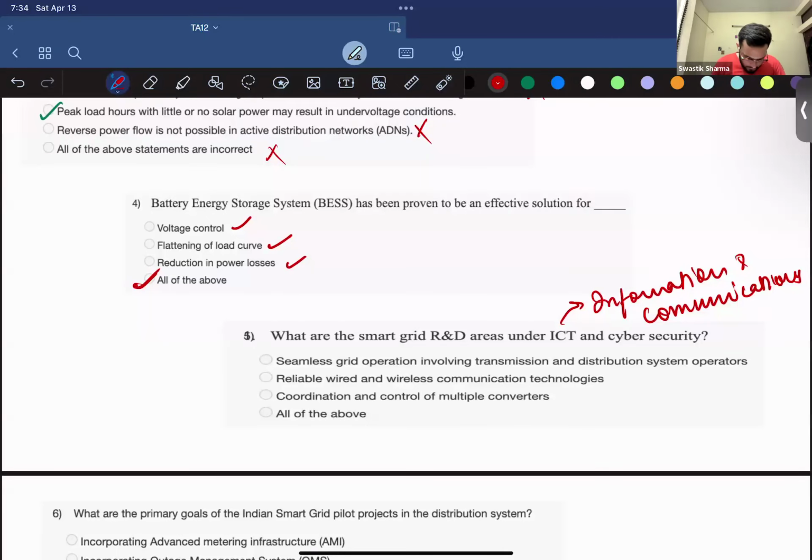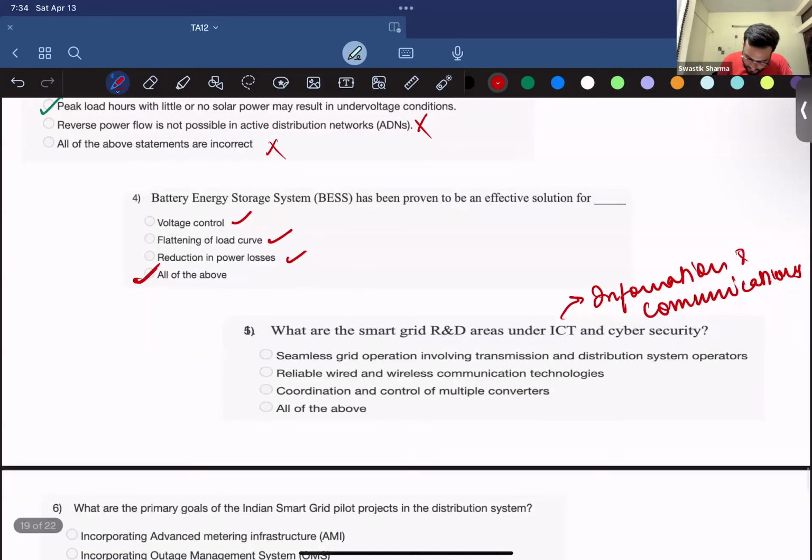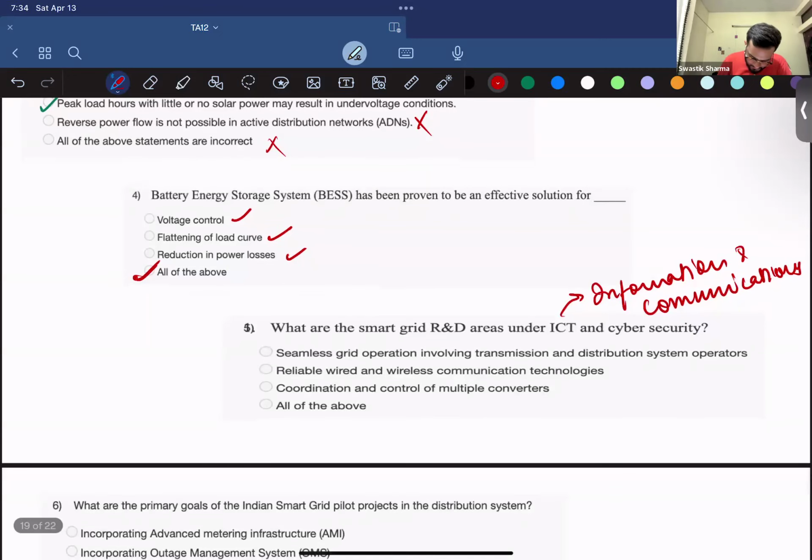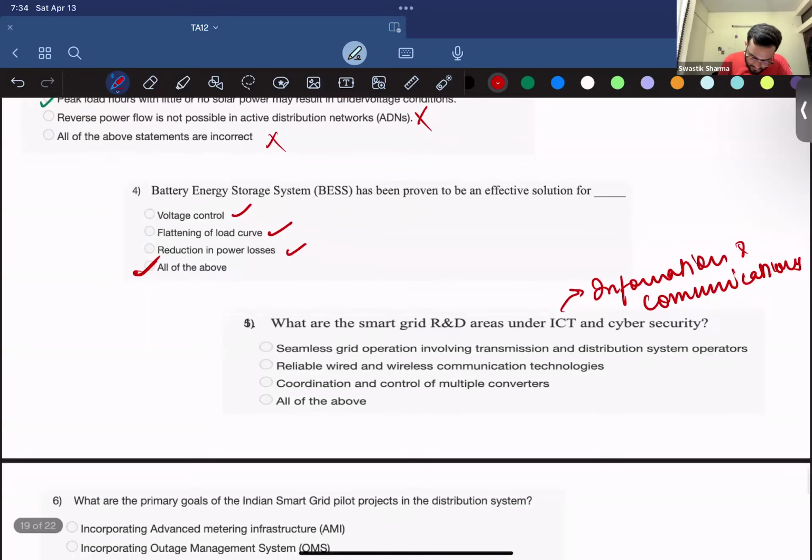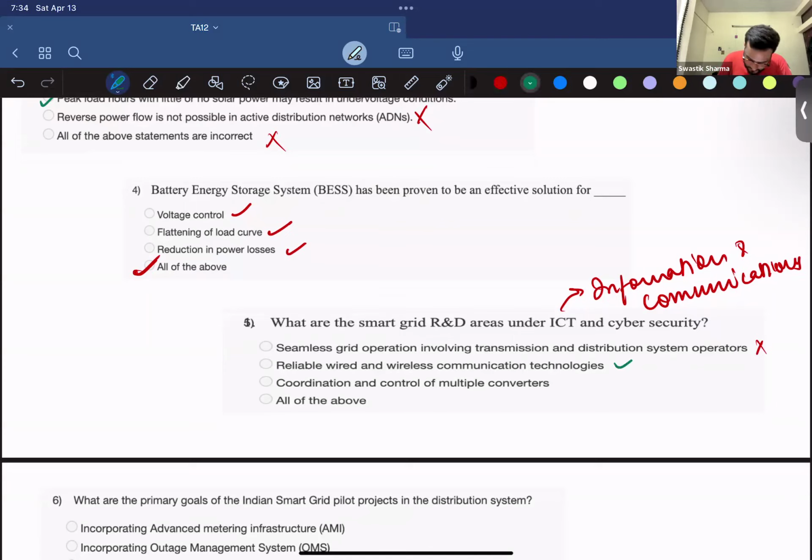D. Okay. Seamless grid operation involving transmission and distribution system operators. Reliable wired... so this doesn't come into smart grid R&D areas under ICT and cybersecurity. Reliable wired and wireless communication technologies, this does come.